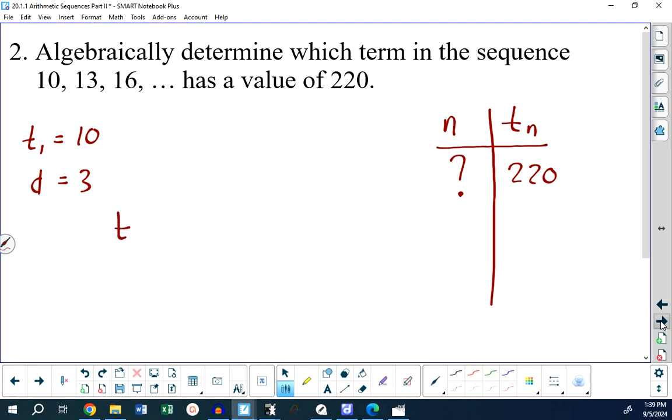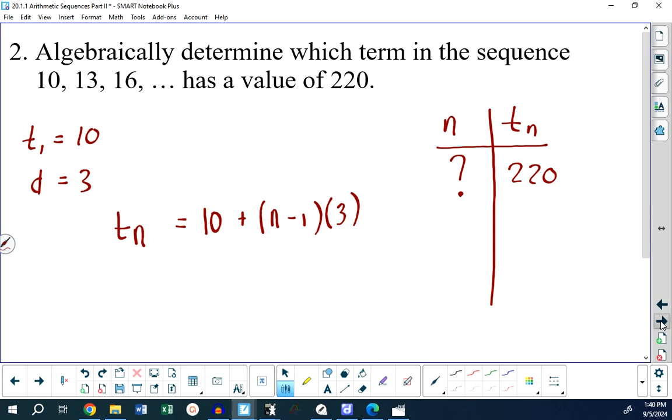This gets a bit repetitive, but that's okay. You learn from repetitiveness sometimes. T sub n, according to the formula, is T sub 1 plus n minus 1 common differences, which is 3. And I would always like you, please, you don't have to, but in order to reach all of you as well as I can, I want everybody to always simplify this before you use it.